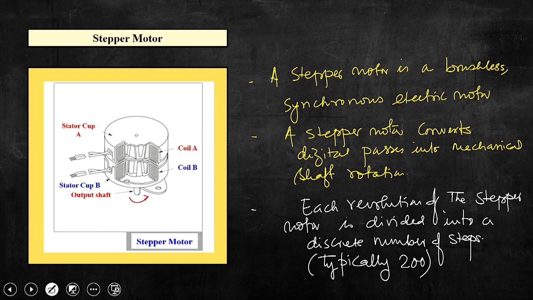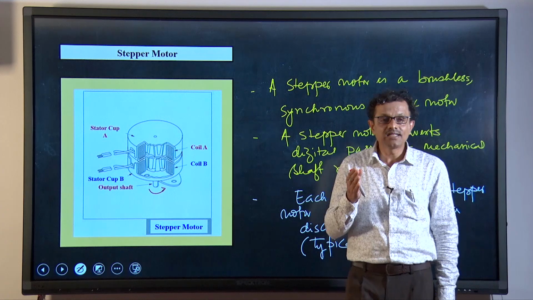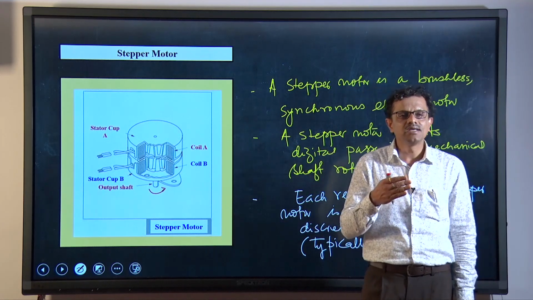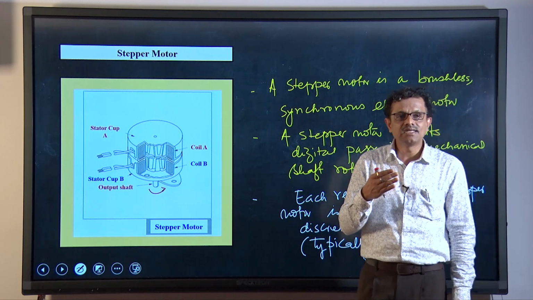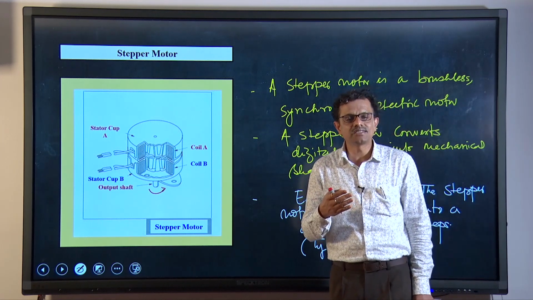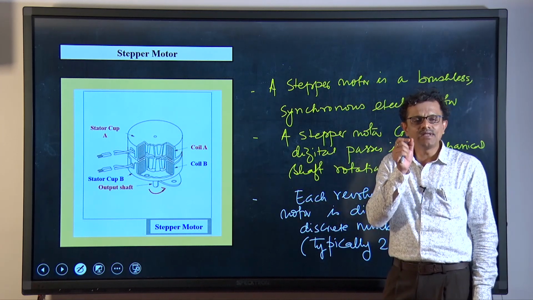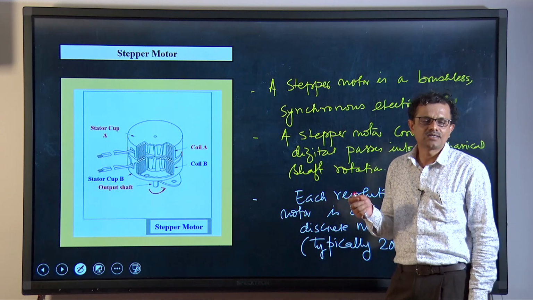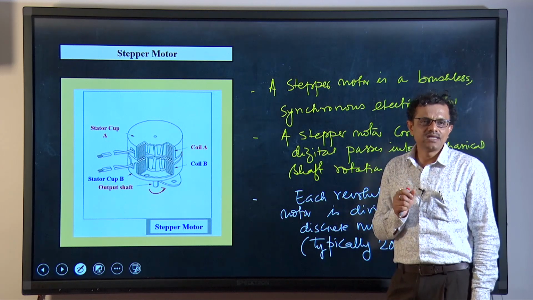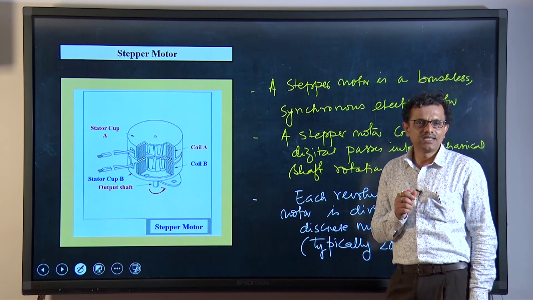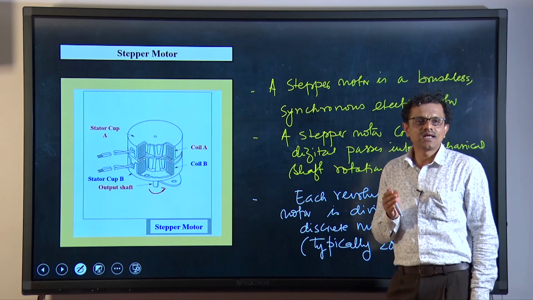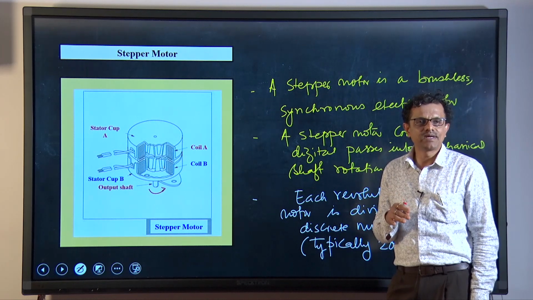If we have some digital pulses, it will have some mechanical rotation, which is divided into discrete steps. The motor can take only one step at a time, each of the same size, and can rotate through a very small, precise angle of 1.8 degrees, so we can have motor position control without any feedback mechanism.